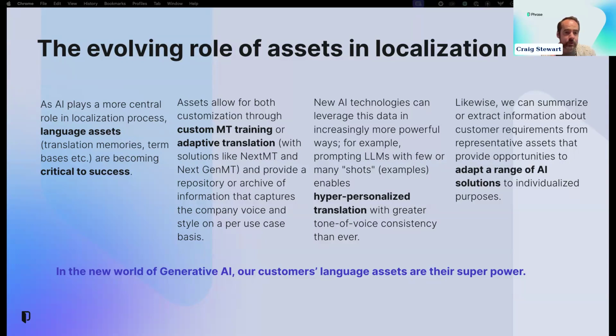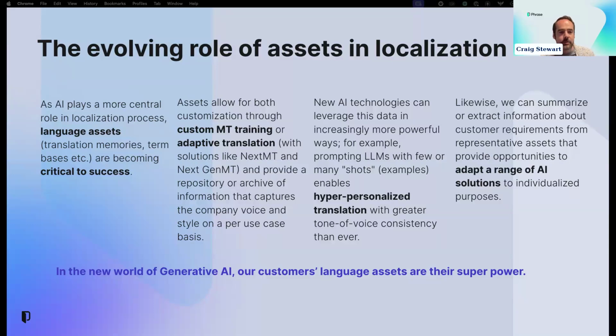There are a number of ways in which you can leverage assets in the translation process, but some of the automated ways that we use at Phrase in particular are things like custom MT training, where you're taking things like your translation memories and building data sets for the training of custom machine translation models, and also for adaptive translation that's trying to drive the output of the translation into a space that reflects a particular company voice or style.